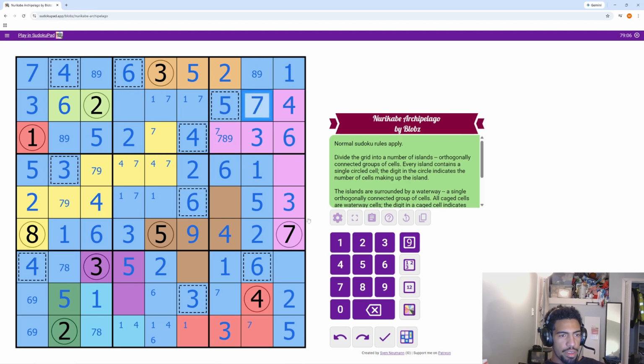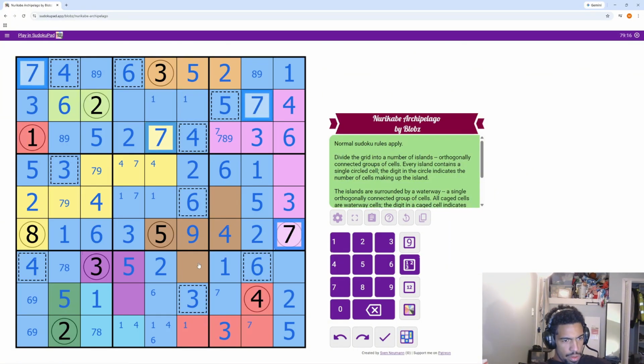This must be the 7. This must be a 7. I can get rid of 7s there. One of these two is a 7. Let's see. 7, 7, 7, 7.